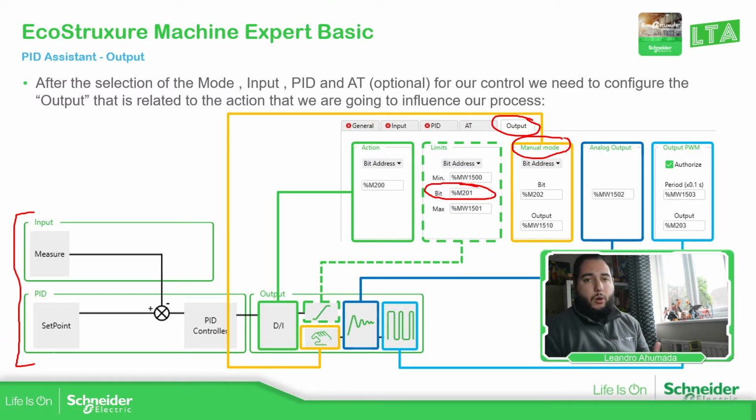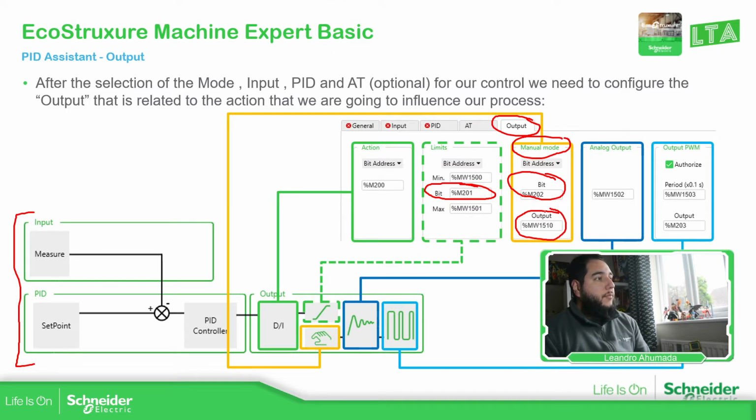One way to override the output of the PID is to use the manual mode. Here you can select a boolean bit to activate or deactivate the manual mode. Then you need to specify an MW variable that contains the manual value that you want for the output.